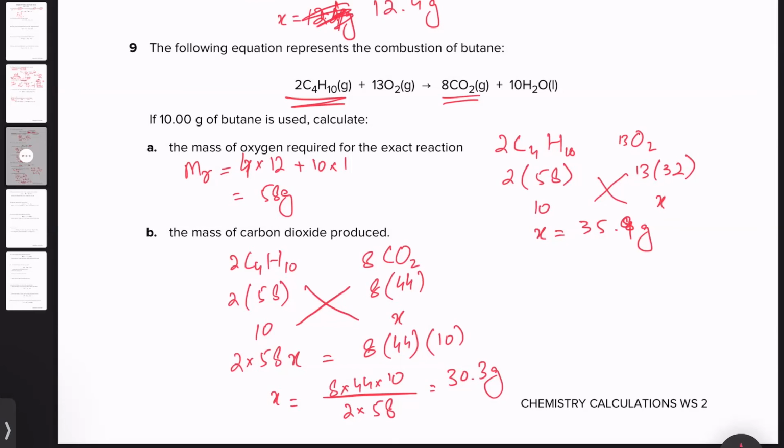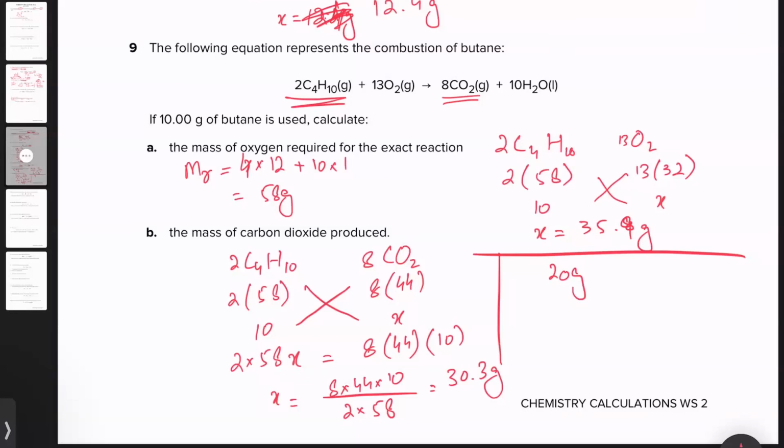Okay, here's the thing. Now imagine if I had told you that when we did this experiment, we only got 20 grams of carbon dioxide. Then we can use that idea to figure out percentage yield. It's a really useful concept.